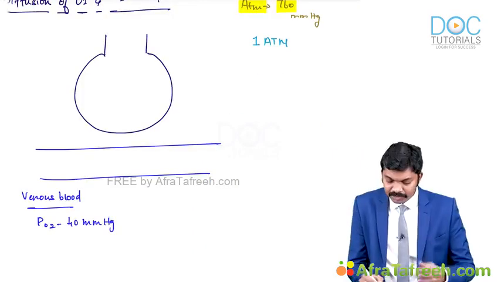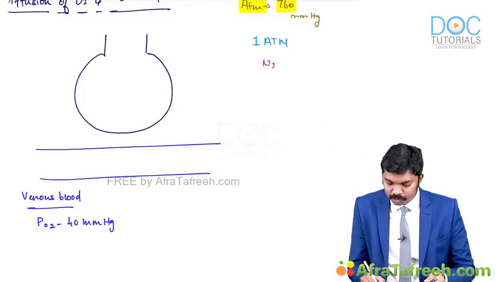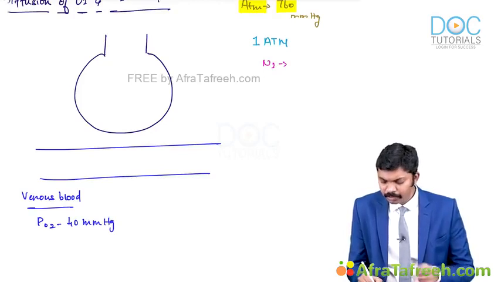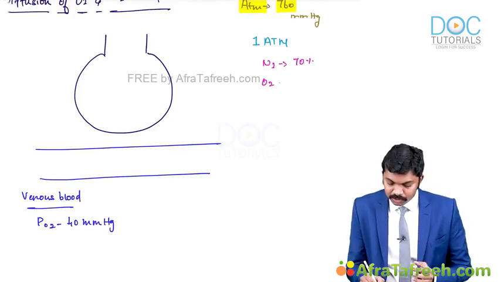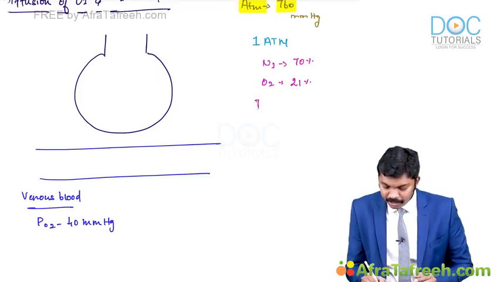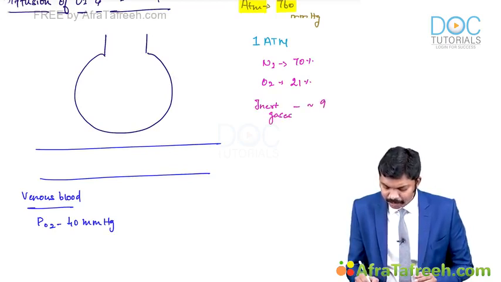Now the atmosphere is in turn made of gases, out of which nitrogen is most abundant, contributing about 70% of the total atmosphere. Oxygen contributes 21% of the total atmospheric content. Inert gases contribute on average about 9%.